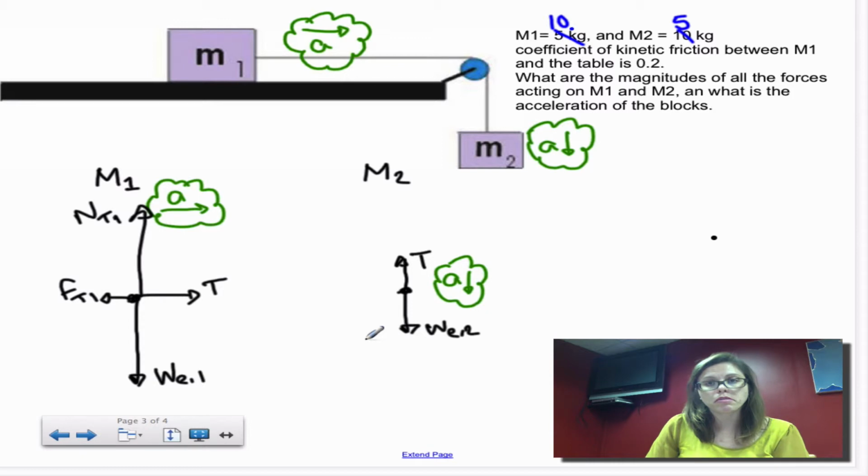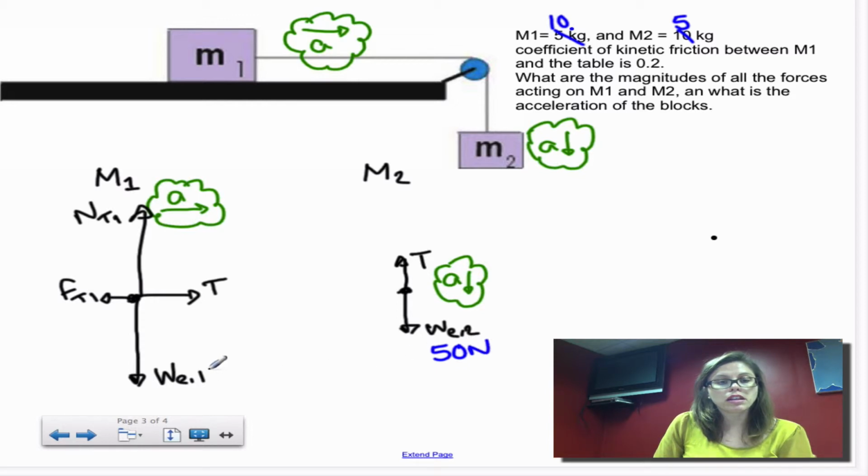That's what I meant to do and I wrote it backwards. Whoops. Okay, so mass 2, this weight would be 50 newtons, and this weight will equal 100 newtons. So that means this normal is 100 newtons right there because they're balanced in the y direction.